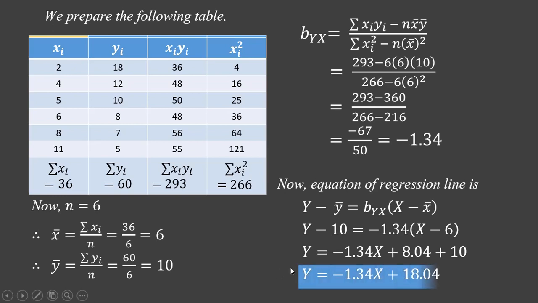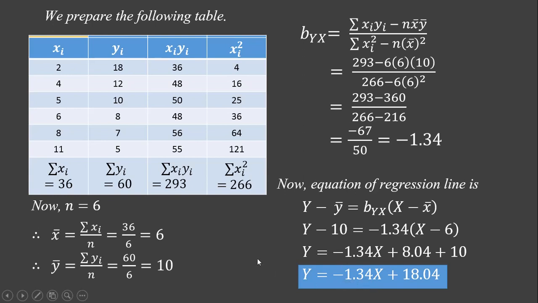So this equation is the required regression equation of y on x. Okay, so here y we want to predict, that is y is the dependent variable and x is the independent variable. Now see here, this equation is similar to the equation of line y is equal to mx plus c. In place of m we have regression coefficient byx, which is in this case negative.